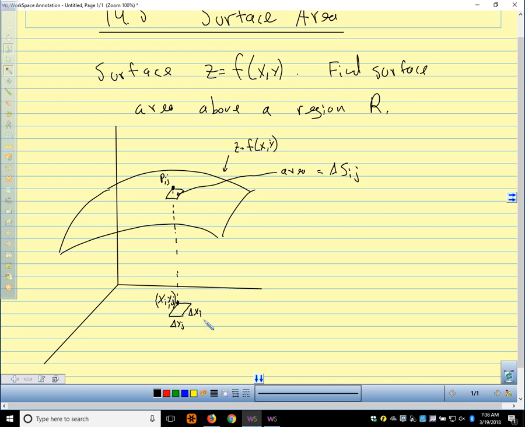So we're going to take a look at a little portion of a tangent plane at that point. We're going to construct a tangent plane at P sub ij, and we're going to approximate the area of the surface with the area of the tangent plane at that point. And we're going to make delta x and delta y very, very small. So that's our starting point.